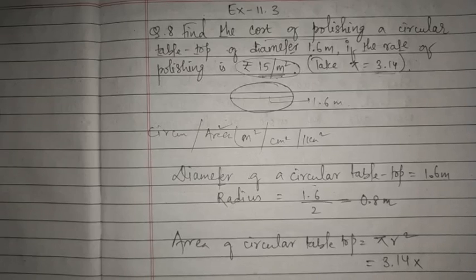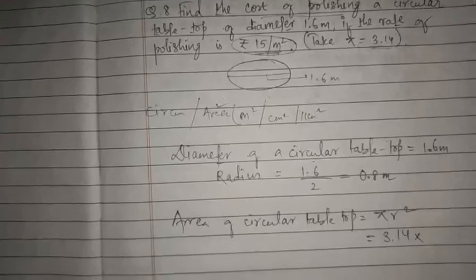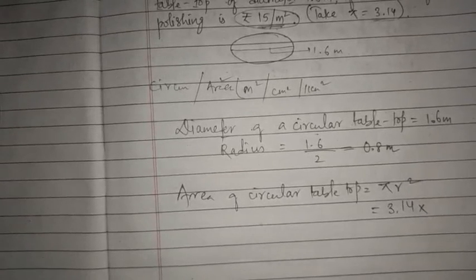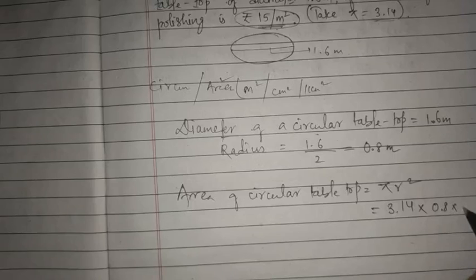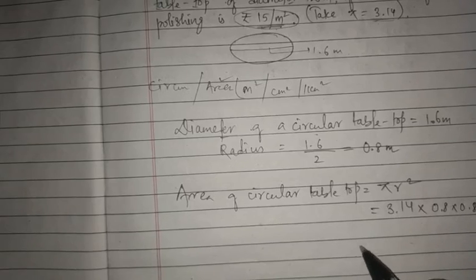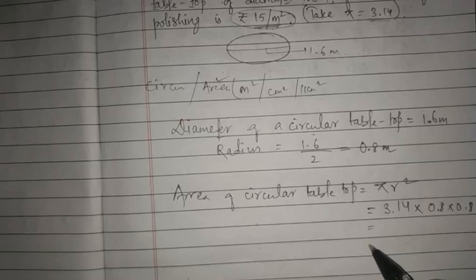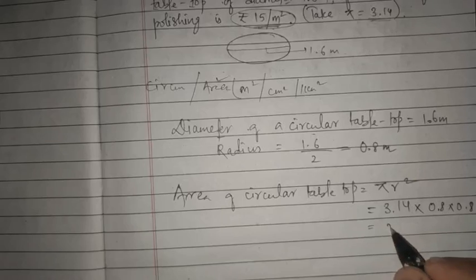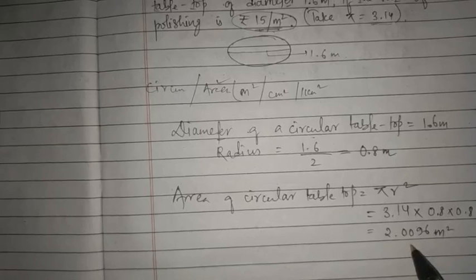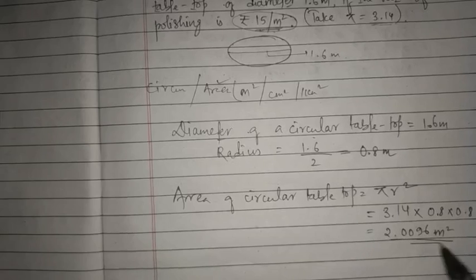The radius here will be 0.8, so we are going to use 3.14 times 0.8 into 0.8. When you multiply this, you'll get the answer as 2.0096 meter square, or you may write 2.00 simply. So this will be your area.